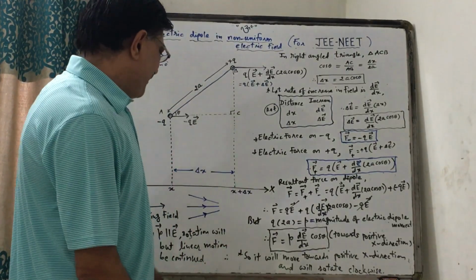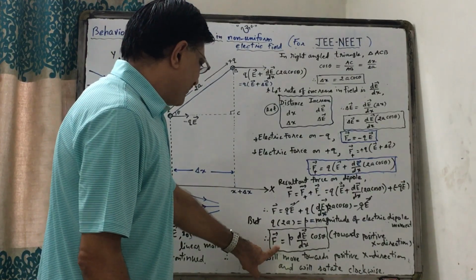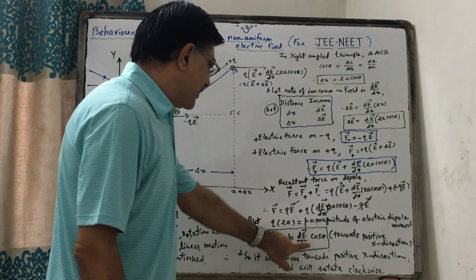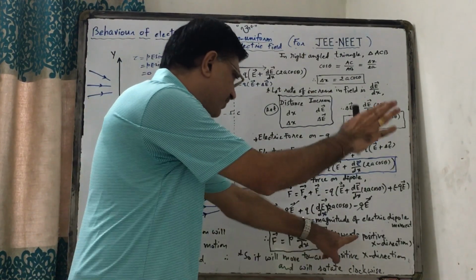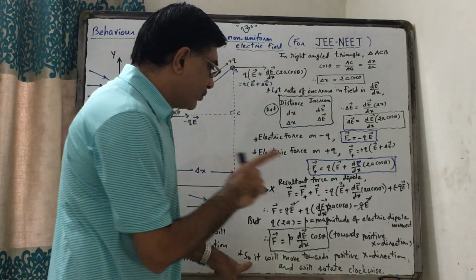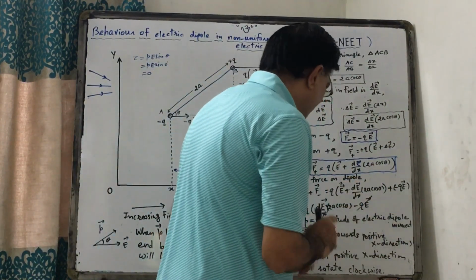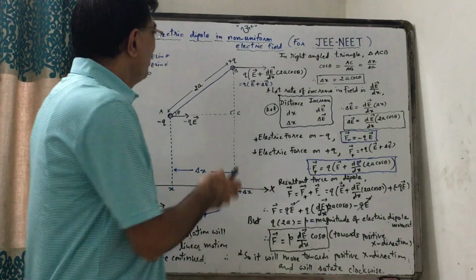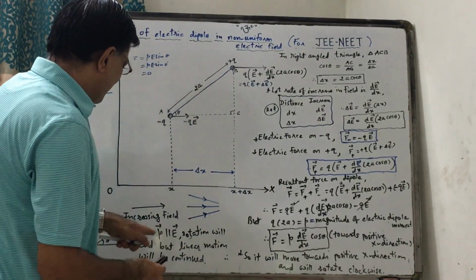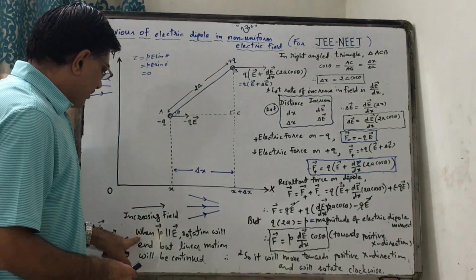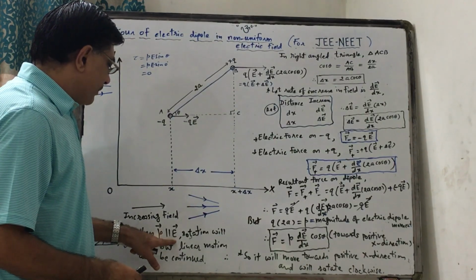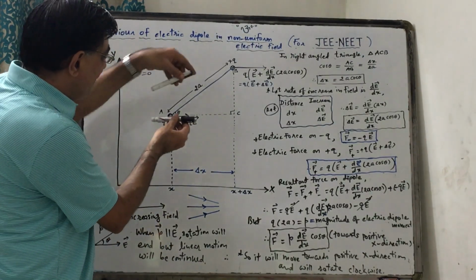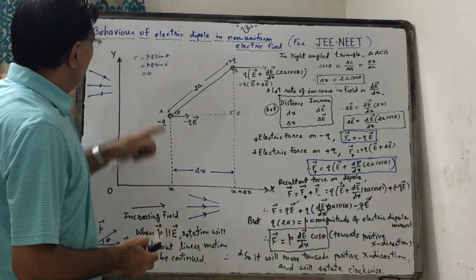See, first of all, from F equals P into d vector E by dx into cos theta, it is towards the positive x direction. So it will move towards the positive x direction and will rotate clockwise. After some time, when P and E become parallel, what will happen?